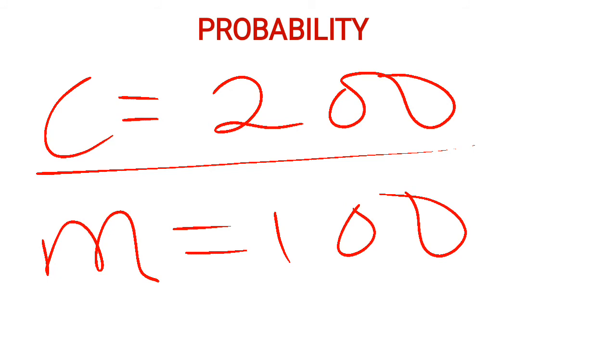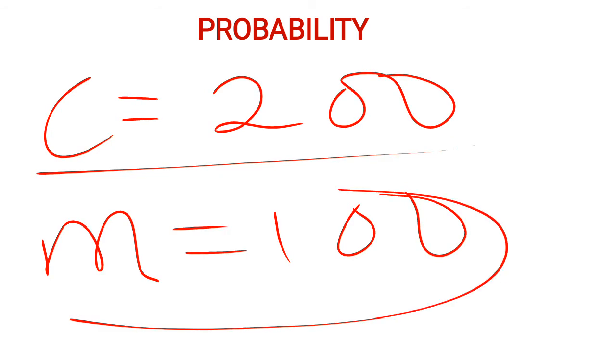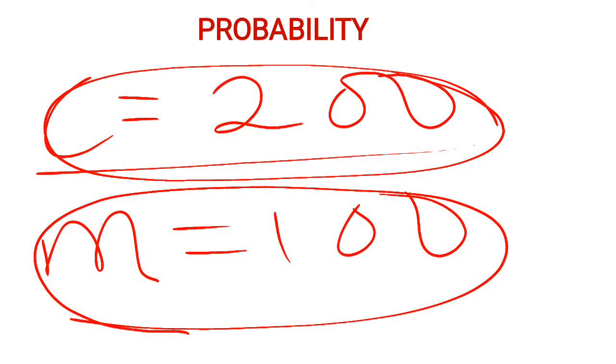We are selecting the student from the class, so the total is the class. And then the sample is the malaria. So always it is the sample over the total. What we are selecting over the total. So we are selecting malaria from the class. So it's going to be the number of people who complain of malaria over the number of people in the class.